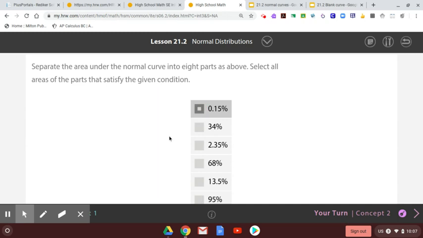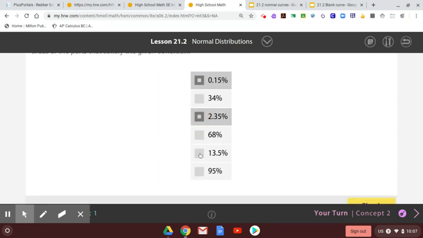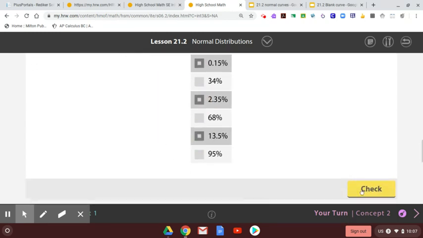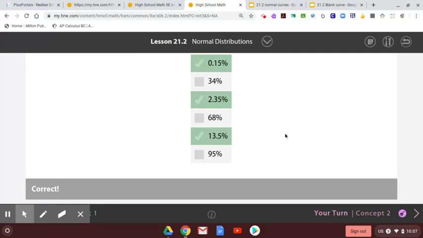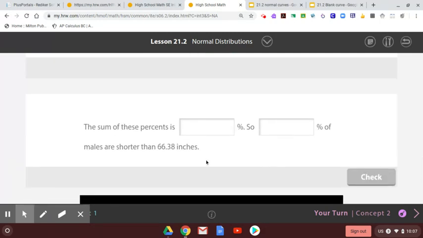We'd be adding those up. And that's correct. The sum of these percents is, we said 16%. So we're doing 16, not 0.16. So 16% of the males are shorter than 66.38.